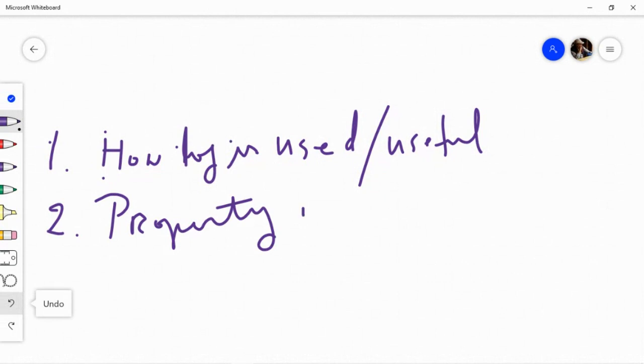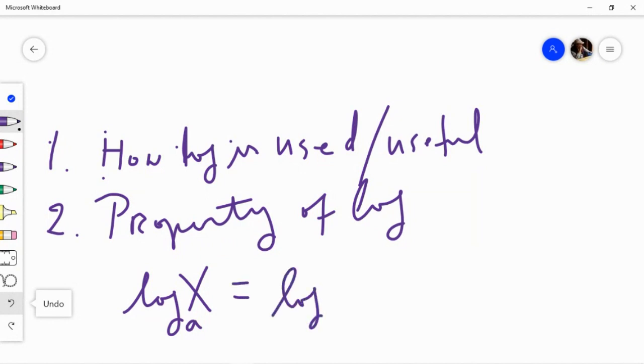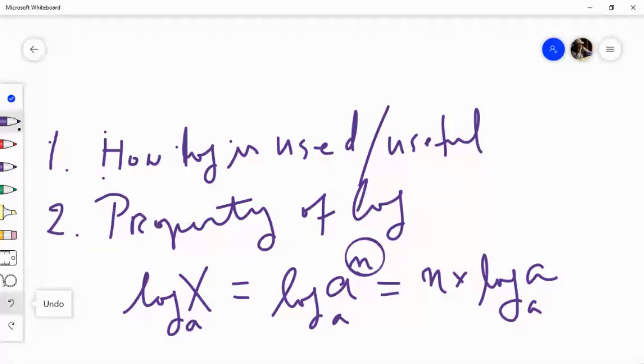especially one property of logarithm, which is, when you have, let's say, base a log of x, and if x can be expressed as a raised to n, then that exponent of n can be brought down, and it becomes like a coefficient.